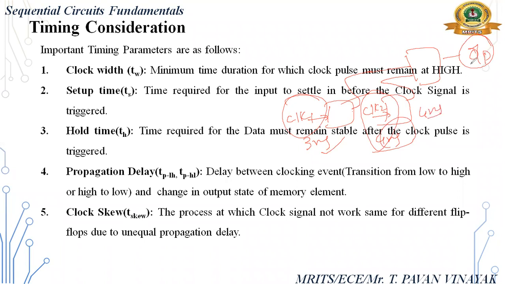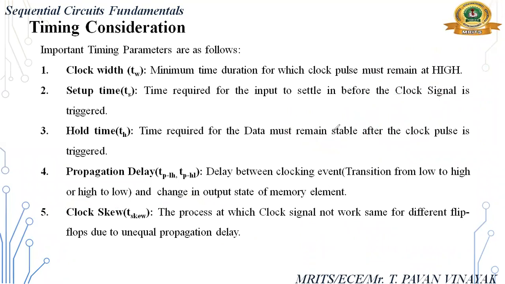So the clock signals do not work the same due to unequal delays. The time between wrong output and correct output is known as clock skew.